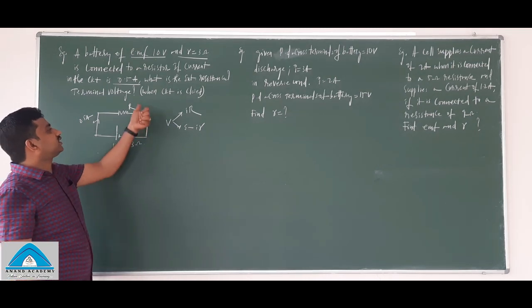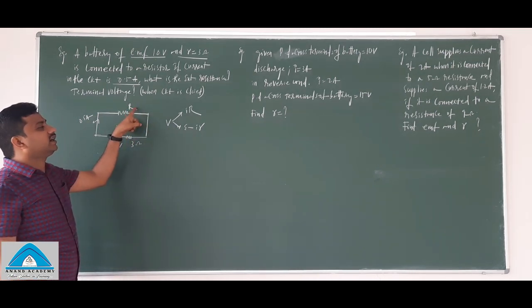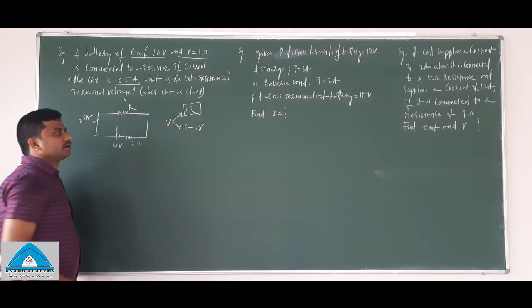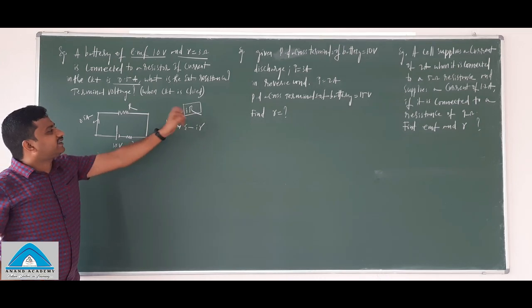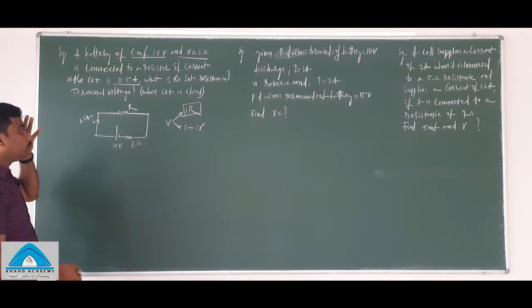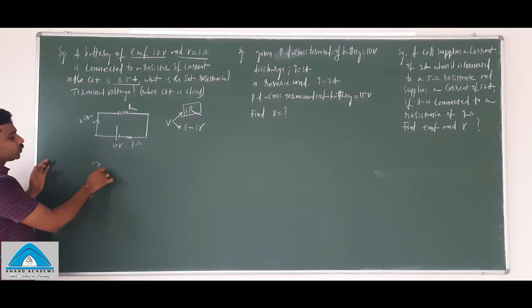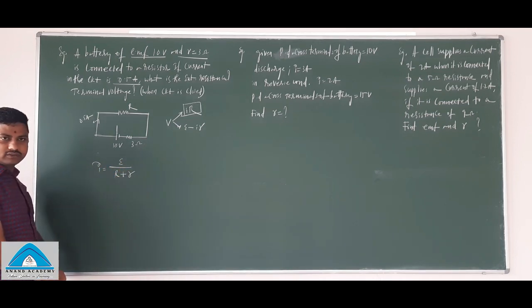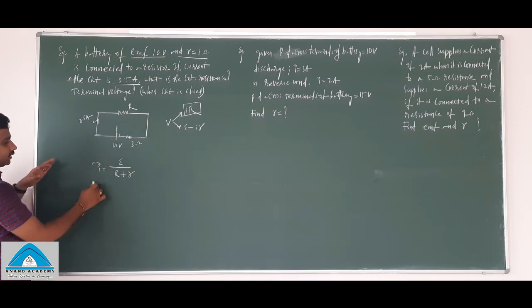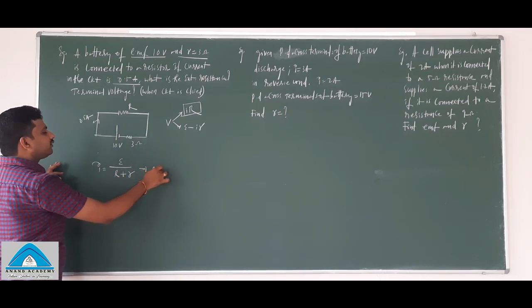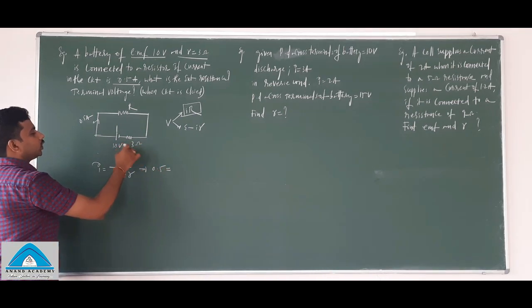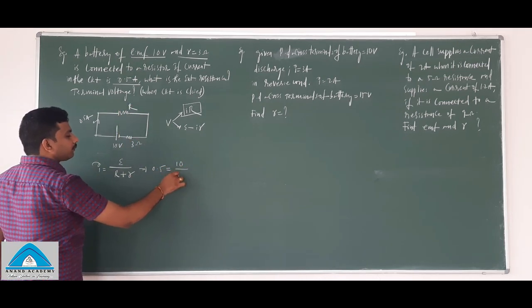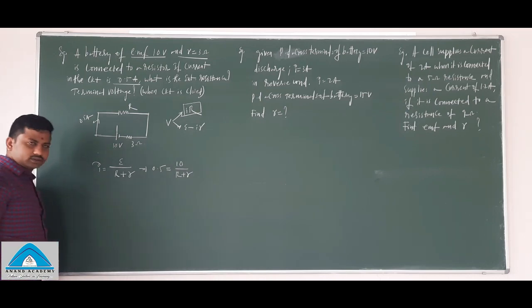First, let us find the external resistance using this formula. We have I is equal to E by capital R plus small r, right? So 0.5 is equal to epsilon, 10, divided by capital R plus small r.